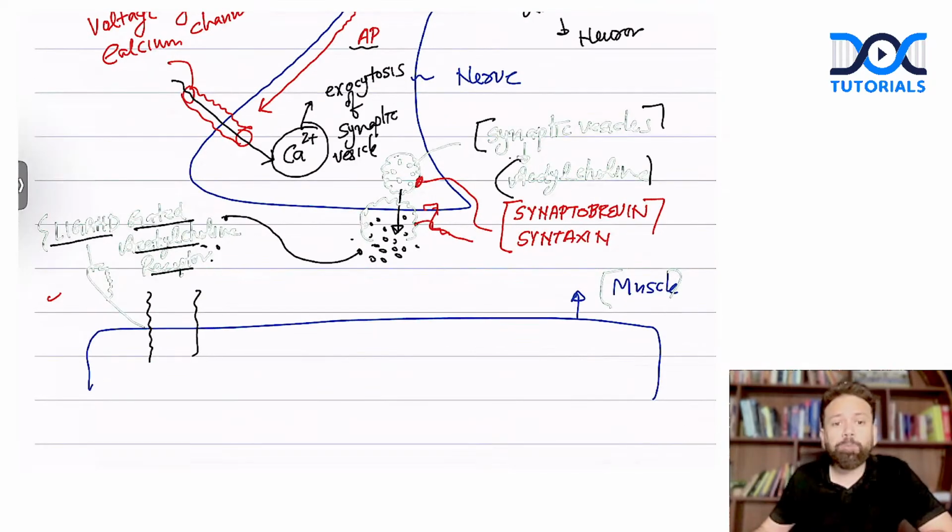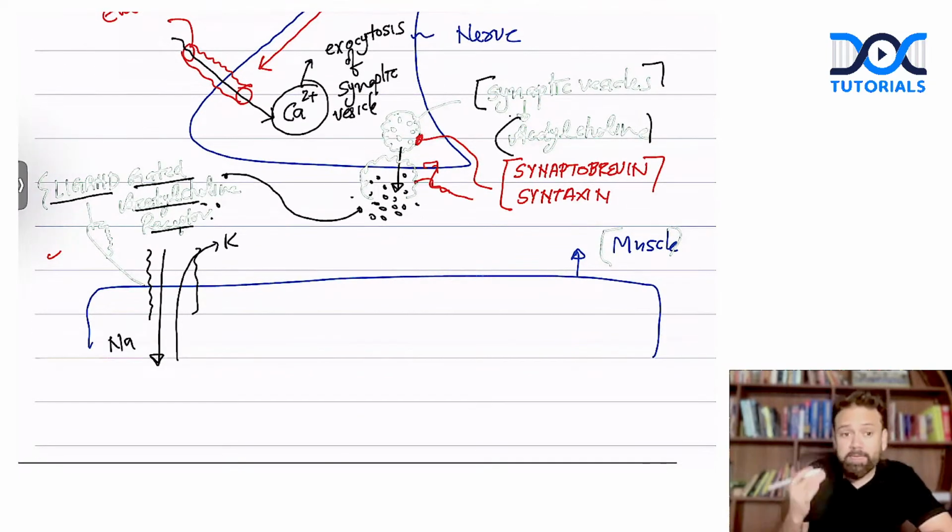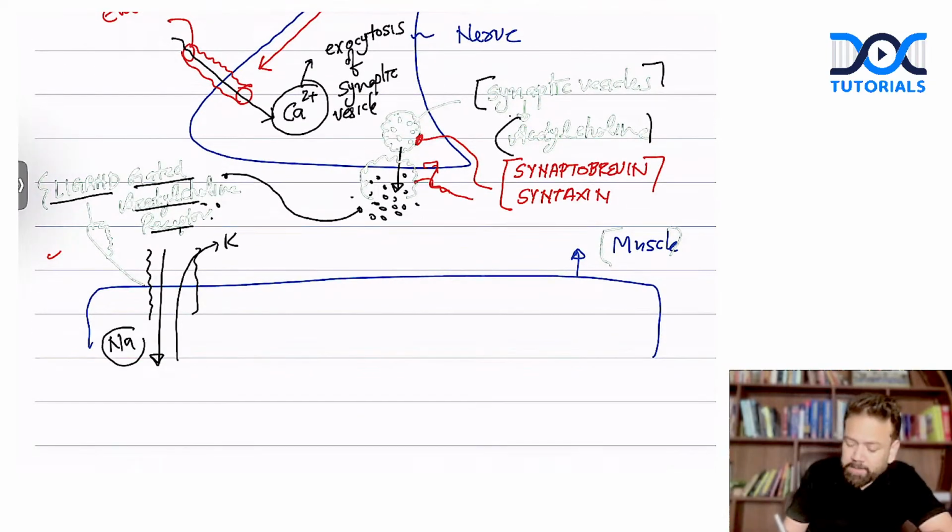So there is opening of the ligand gated channel, and automatically sodium starts coming inside. Sodium is more in the ECF. Sodium will come inside, potassium will go outside. Because of more incoming of the sodium cation, this will generate an excitatory post-synaptic potential.